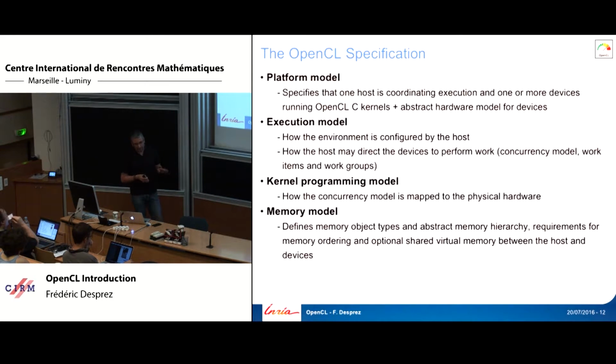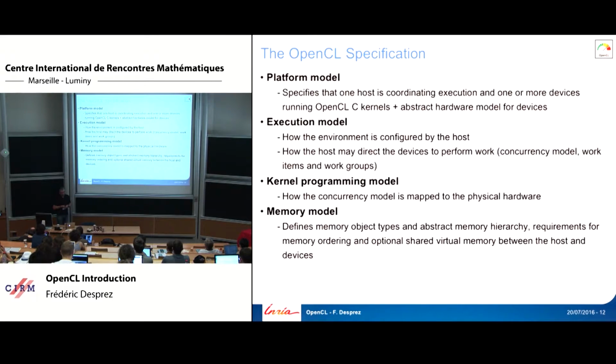The execution model says how the environment is configured by the host: how the host can interact with devices, the concurrency model, the work items, the work groups, everything is defined in the execution model. The kernel programming model defines how your concurrency model is mapped on the physical hardware.